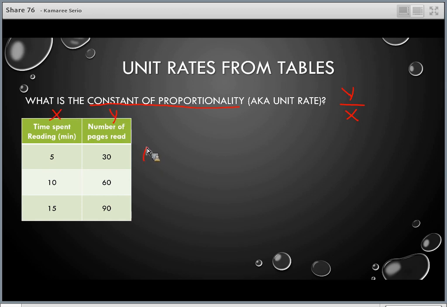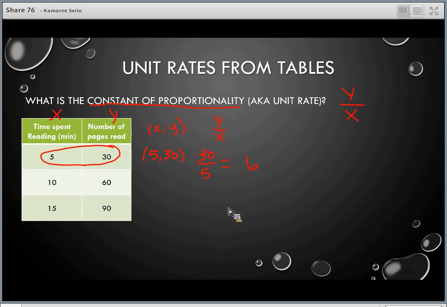So if I were to write my X comma Y for this first pair right here, I would have 5 comma 30. Okay, so I have Y over X. So when I look at this table, I have 30 over 5. And I can simplify this, right? 30 divided by 5 is 6.